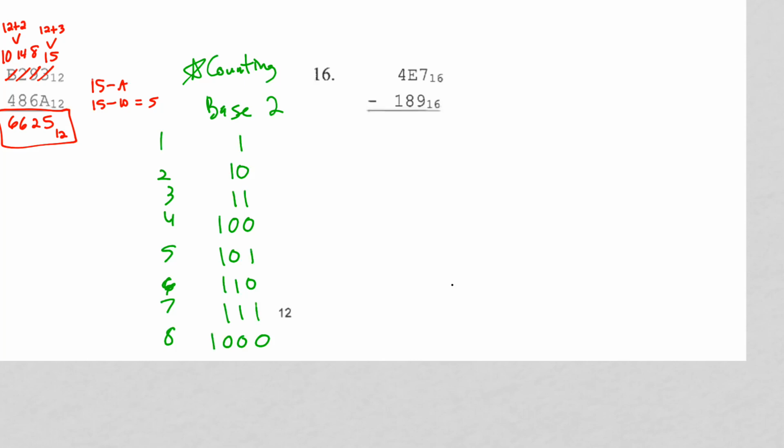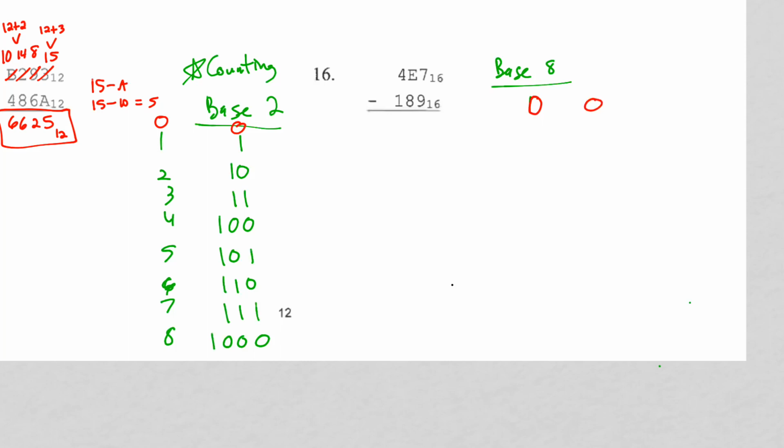Let's do base 7. I'm sorry, base 8. That's on the paper. You know what, I forgot the 0. The 0 should be here actually. So let me start it with 0.